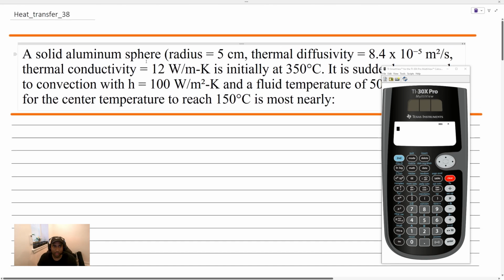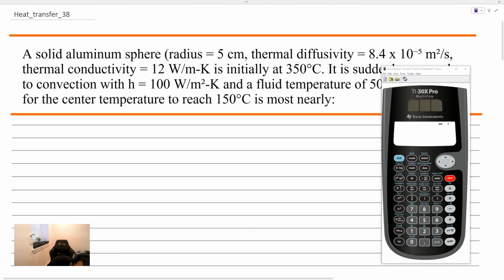Let's go ahead and compile some of these inputs. So we have a radius equal to 0.05 meters, given as 5 centimeters above, a thermal diffusivity alpha value equal to 8.4 times 10 to the minus 5 meters squared per second, a thermal conductivity K equal to 12 watts per meter Kelvin. By the way, alpha is just a combination of some heat transfer properties.